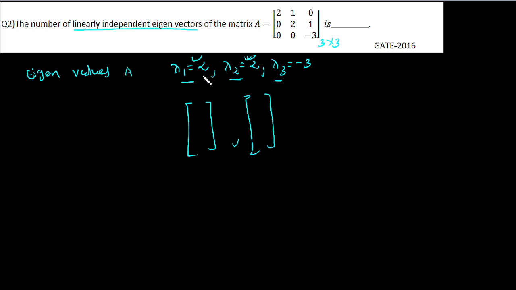But here the eigenvalue 2 has a multiplicity of 2 because it repeats twice. So the number of linearly independent eigenvectors equals 2.